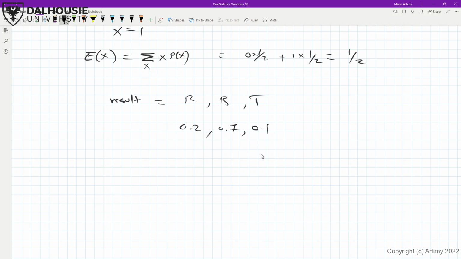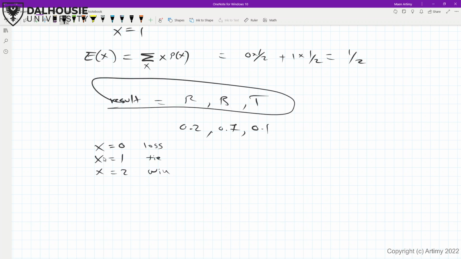Well, these are the probabilities, but I want to use a random variable. So what kind of random variable do I have? Let's say X represents the number of points that a team will get. So if they lose, the points will be 0. If they tie, the points will be 1. So that's for losing. This is for tie. And this is for winning. So now I converted this to random variables.